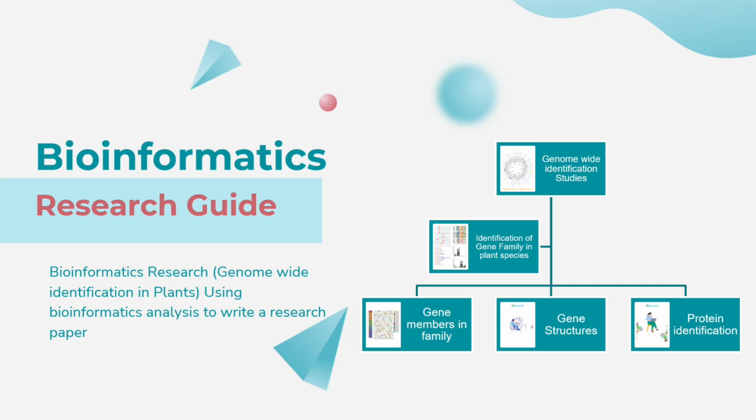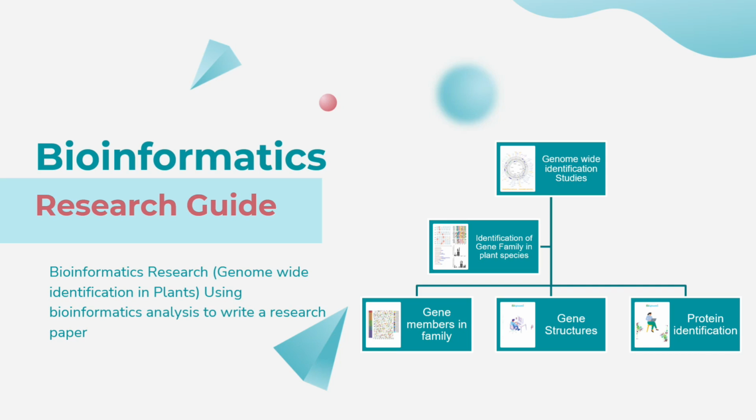First of all, we are going to identify the gene family in plant species. After identifying the gene family of the plant, we are going to analyze the gene members of a family. And then we are going to analyze the gene structures and the protein identification as well.